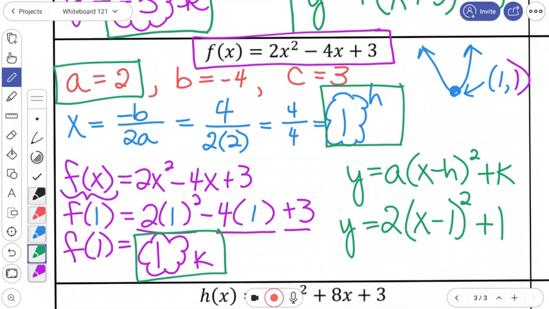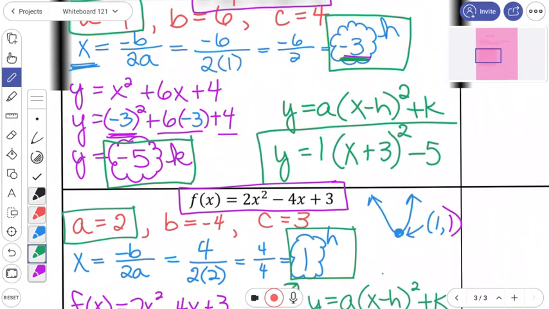Please notice, always notice, if my h value is a positive 1, when it gets subbed into our equation, it turns into a minus 1 because we're subtracting our h value. It's always going to be the opposite sign. It was the same with the first example up here. Our h value was a negative 3. When we sub it in, it turns into a positive 3.